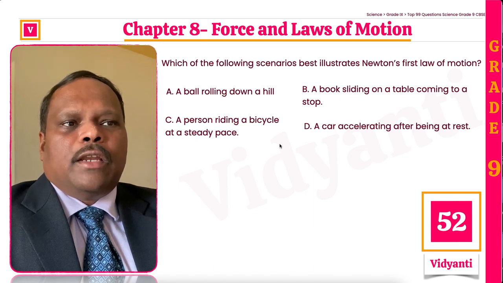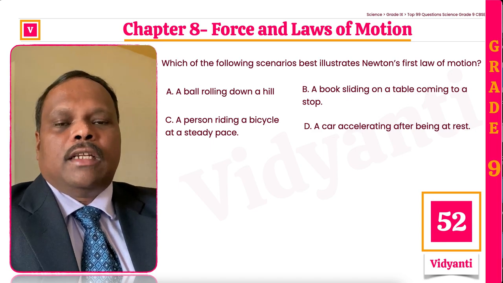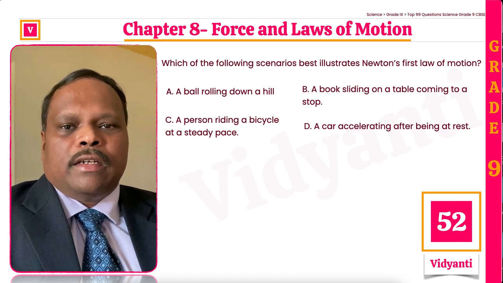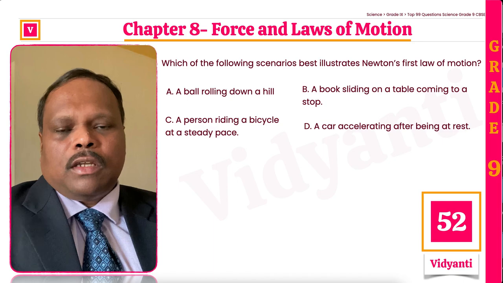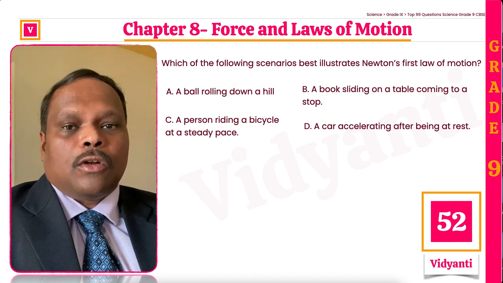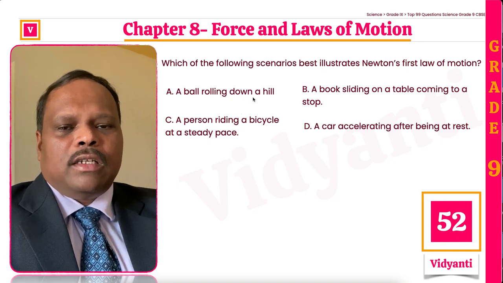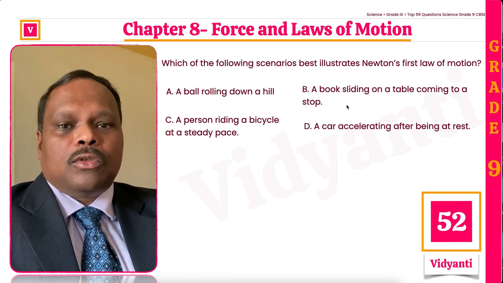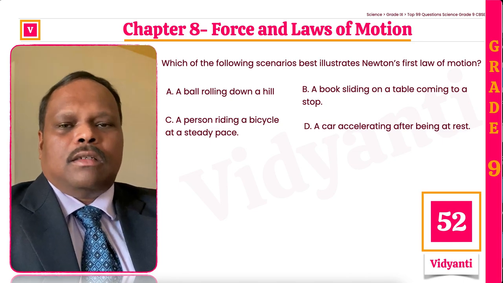Which of the following scenarios best illustrate Newton's first law of motion? Well, in the first law, either the body is continuing at rest, or it will be continuing with the same state of motion because an external unbalanced force is not acting on it. A ball rolling down a hill, actually gravity is acting on it, so not a good option. A book sliding on a table coming to a stop: originally it was sliding and then it is coming to a stop, so again not a good option.